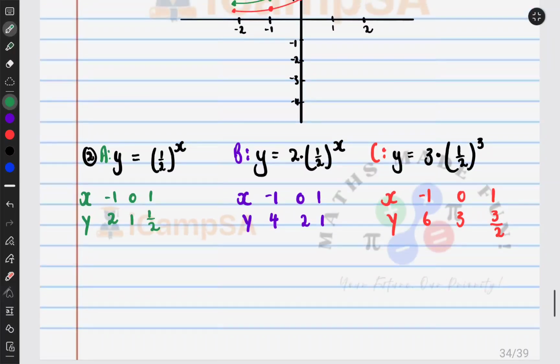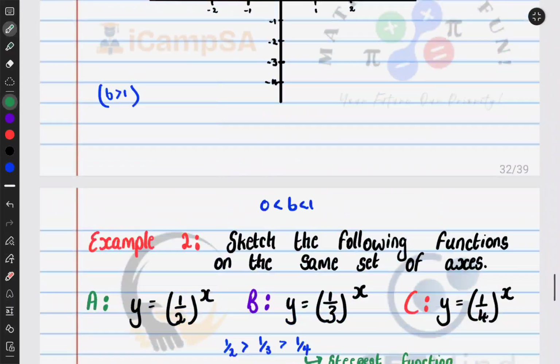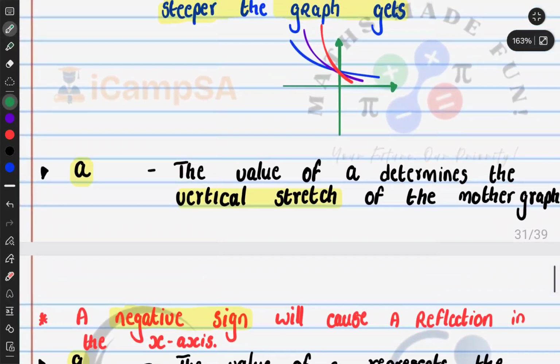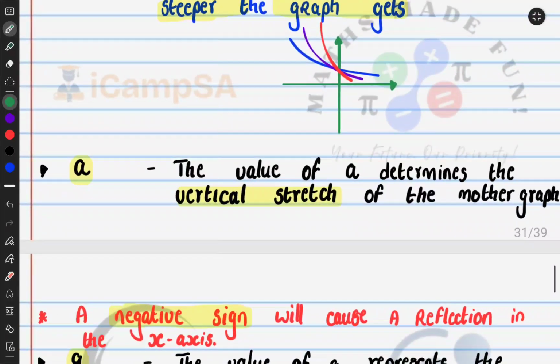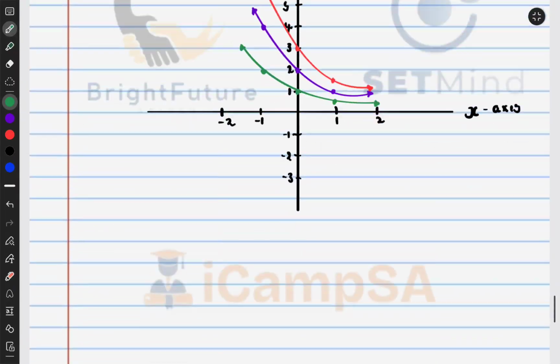Once again, by increasing the value of a, the function gets stretched far away from the x-axis, hence why it is called the vertical stretch.